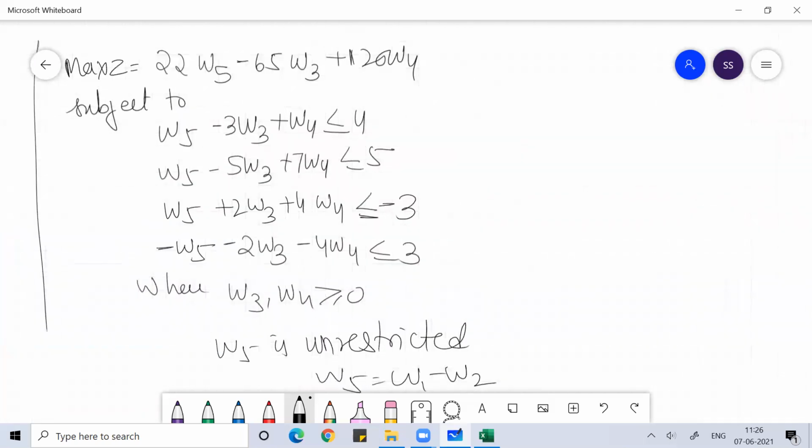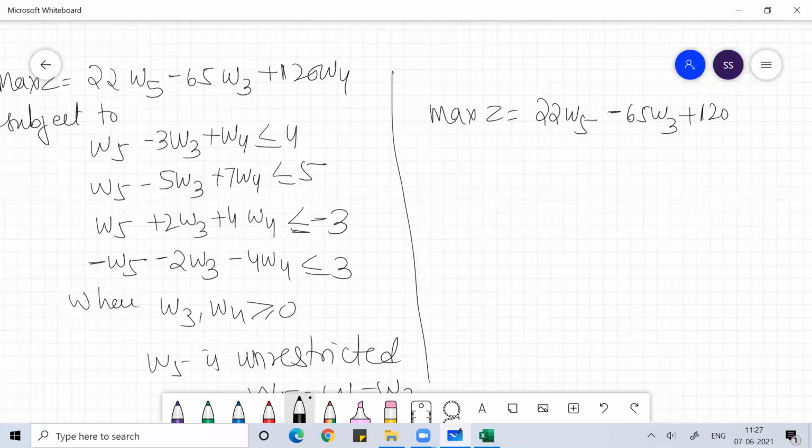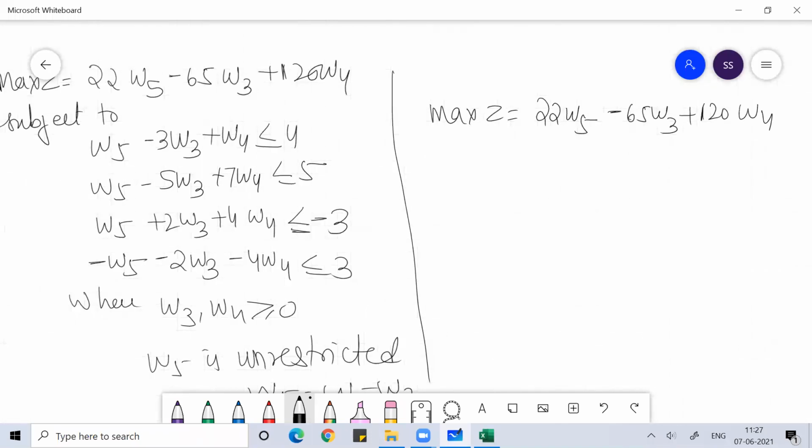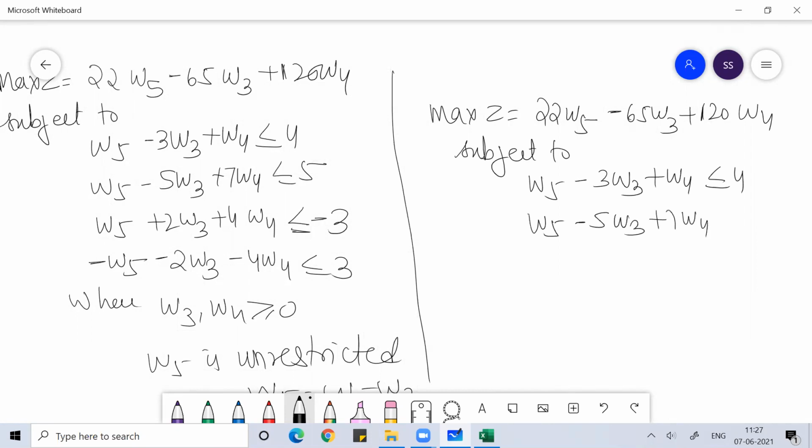Can you understand this? Now I can write the same thing as maxima of Z is equal to 22W5 minus 65W3 plus 120W4 subject to W5 minus 3W3 plus W4 is less than or equal to 4. W5 minus 5W3 plus 7W4 is less than or equal to 5.